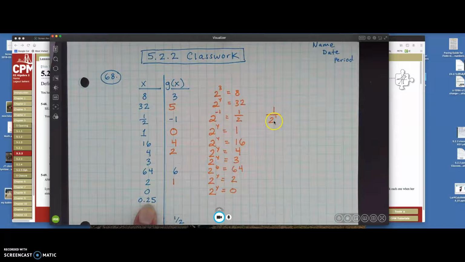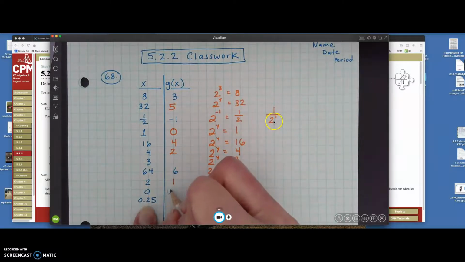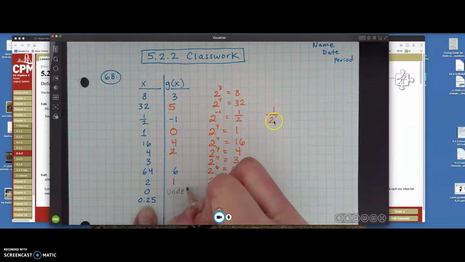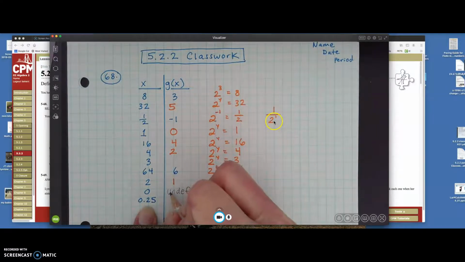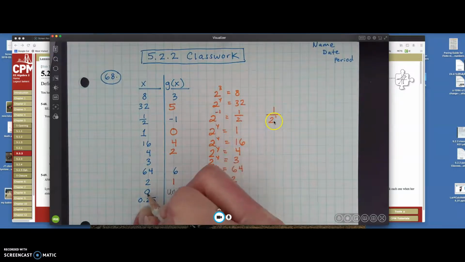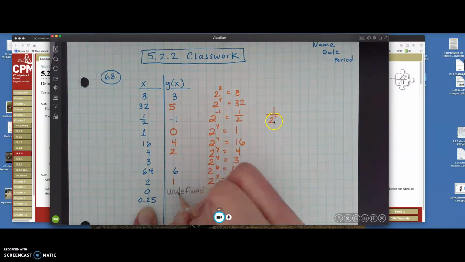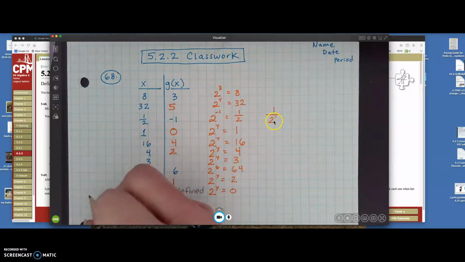So this one, if you'd like, we can just put that in now. That's a special case. It is undefined. It's just not possible. On a graph, you would see this as approaching 0, but it's going to form an asymptote. It would never actually touch 0. Not possible.